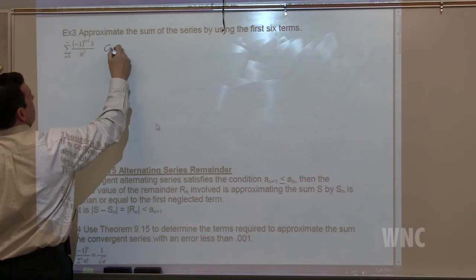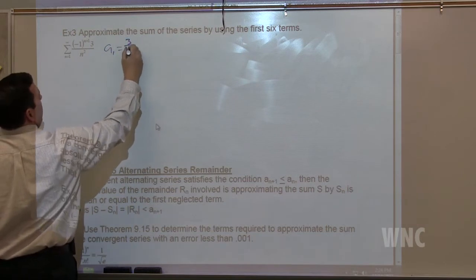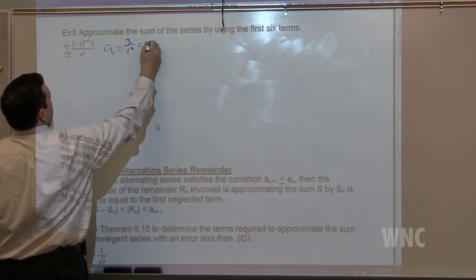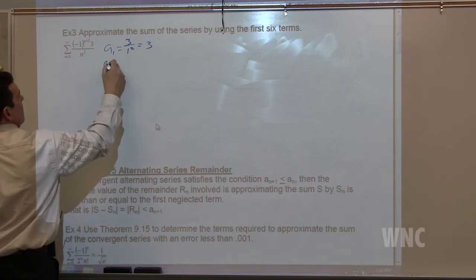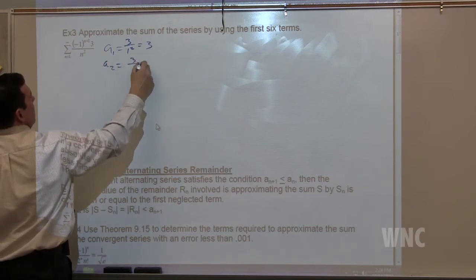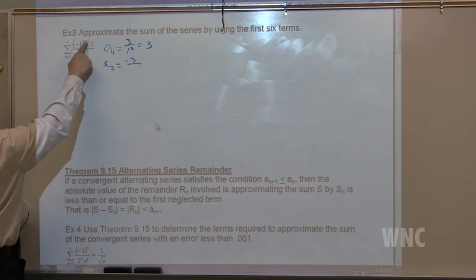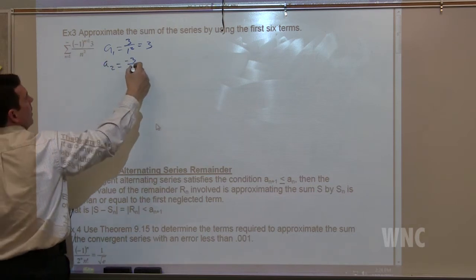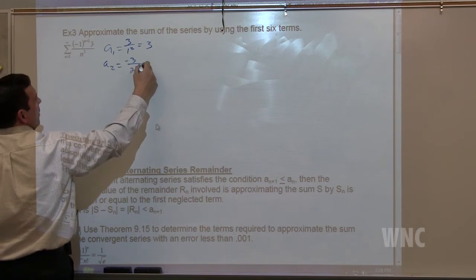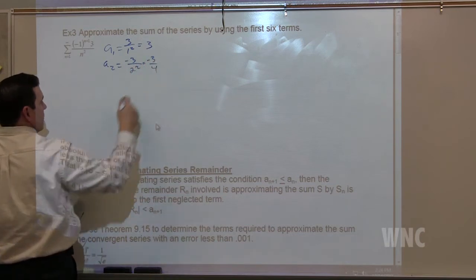Our first term is going to be 3 over 1 squared, which is 3. Our second term is going to be negative, because negative 1 to the 2 plus 1, which is 3, is negative. So negative 3 over 2 squared, or negative 3/4.